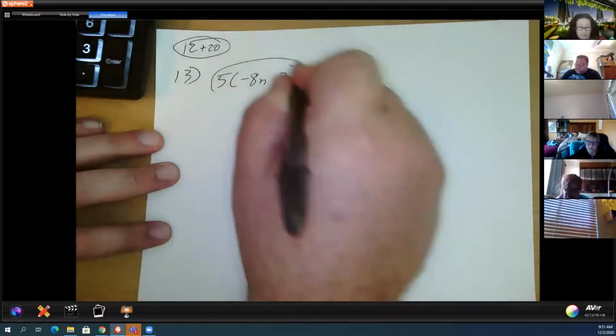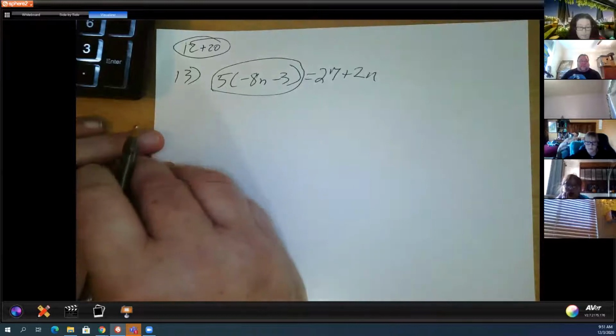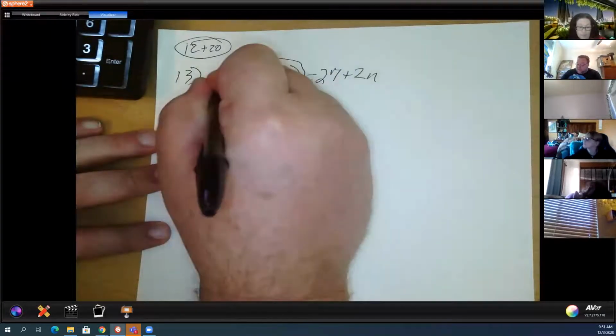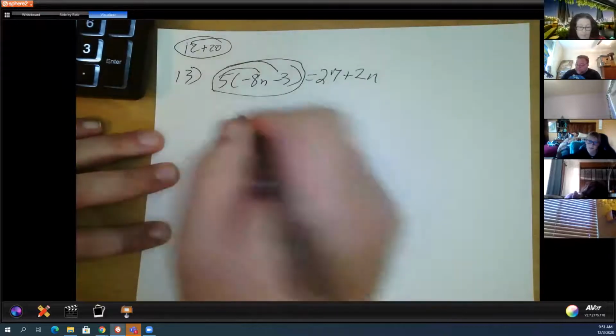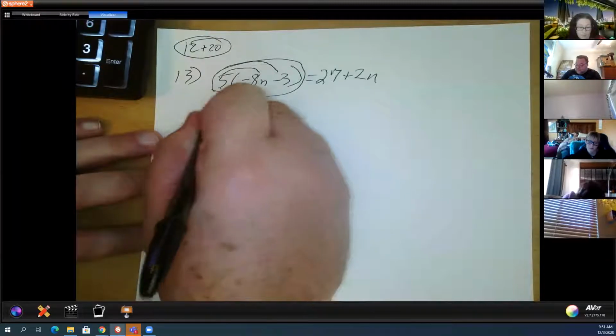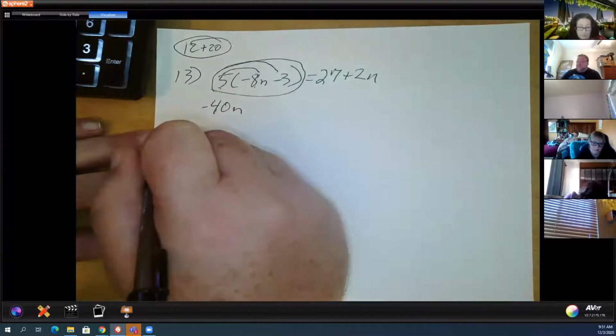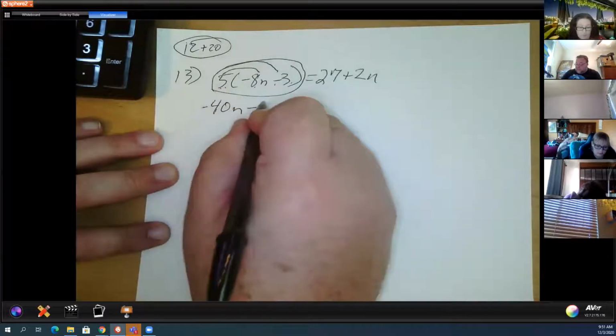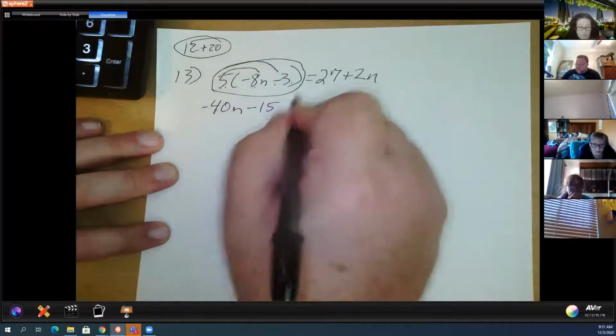So remember, first, we always have to start with our distributive process if there is one. There is one. So remember, this is our arc, right? So first I'm going to do 5 times negative 8n, which is going to give me negative 40n, right? Then 5 times negative 3, which is going to be negative 15.